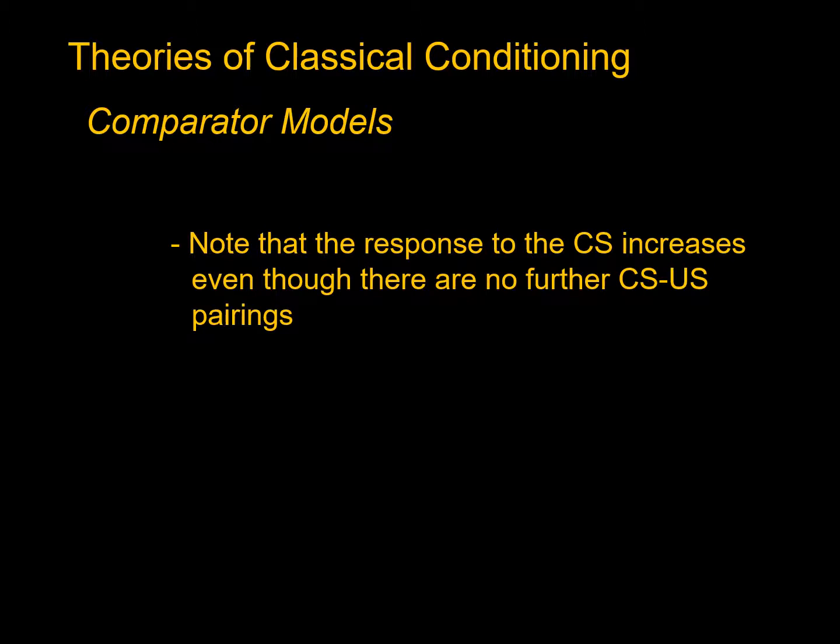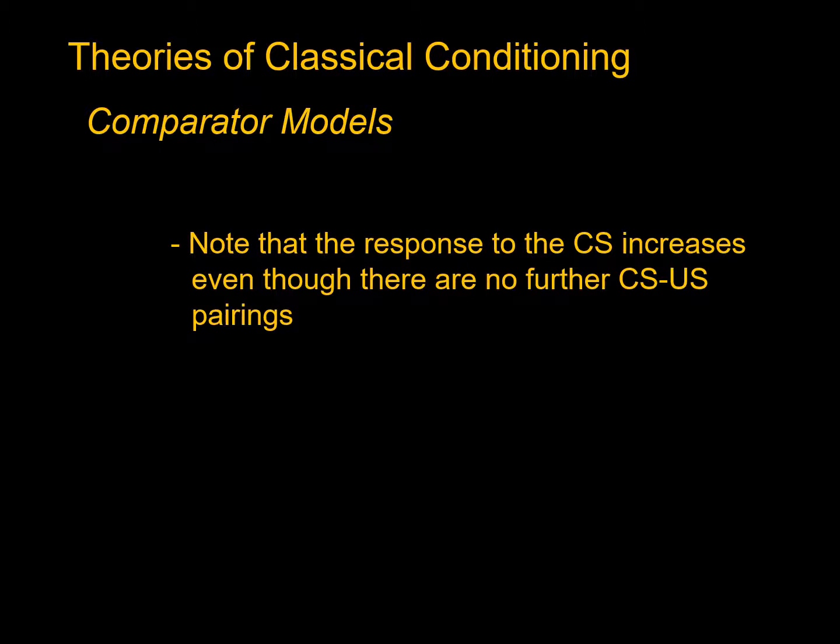So basically, even if the light, the CS, was a relatively poor predictor of shocks, it's now the best predictor you've got. Because the other predictor you had of shocks, which was the context, we've started to degrade and extinguish.